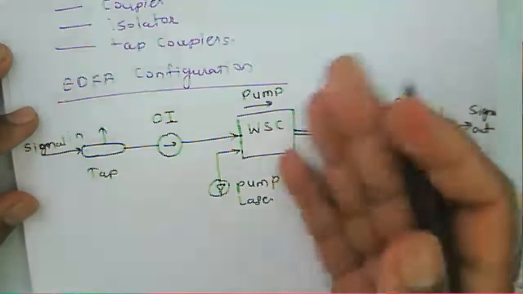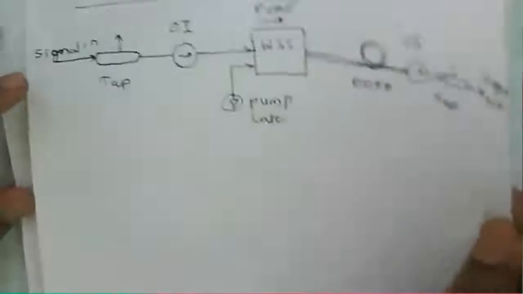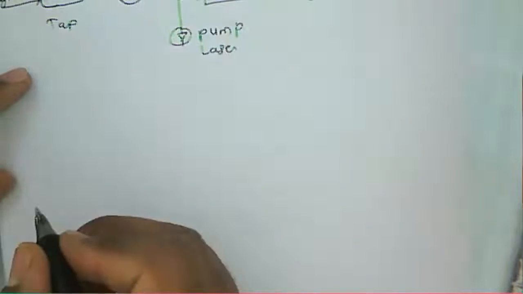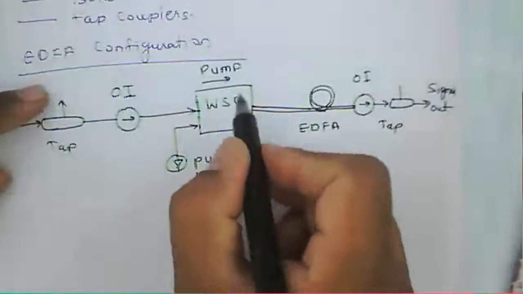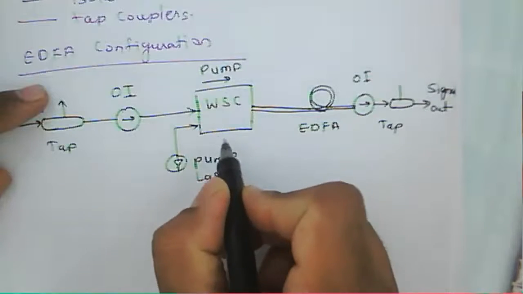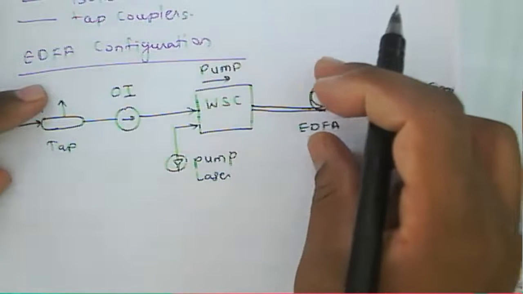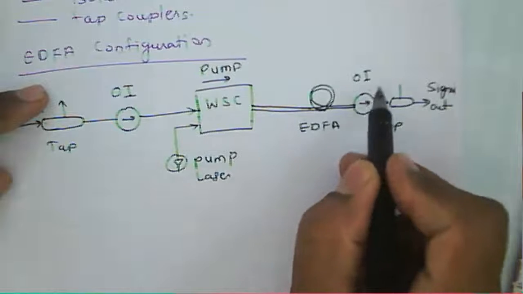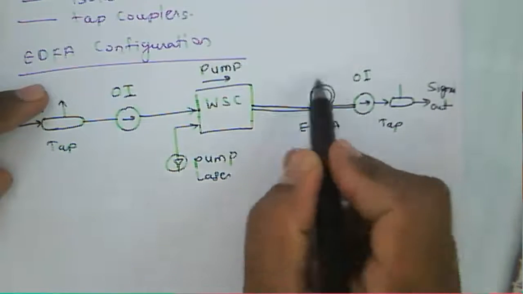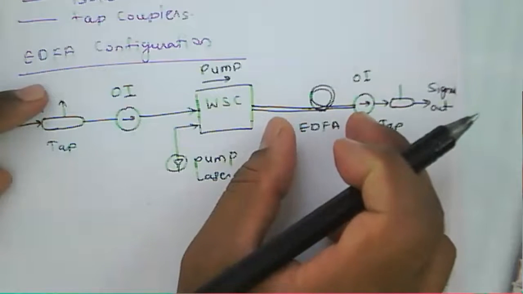Again, it can be pumped through the opposite direction also. Just like in another example, I am going to draw, we can consider pumping taking place in the other direction. So that's how the pumping action takes place, and at the end we are using this optical isolator again, and this fiber is nothing but the active medium.